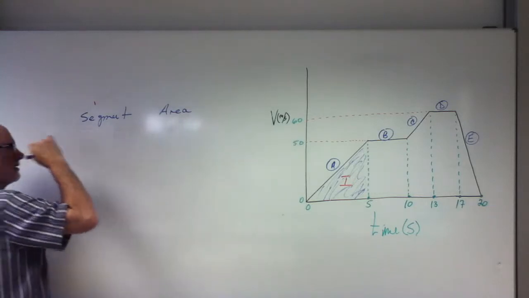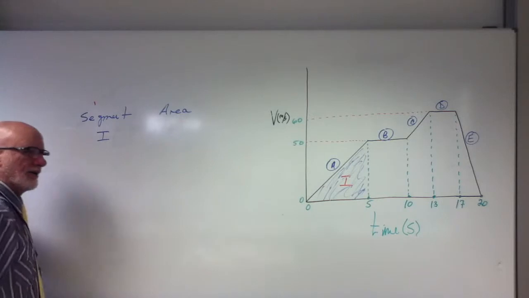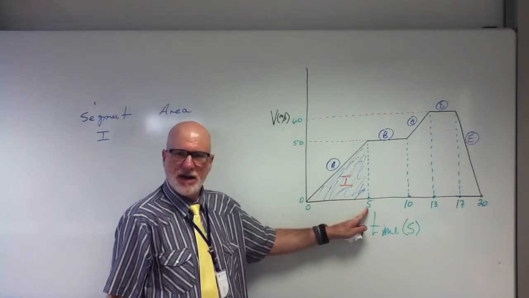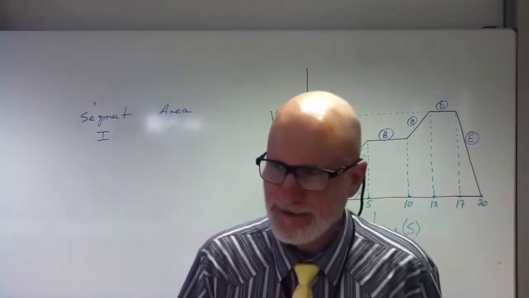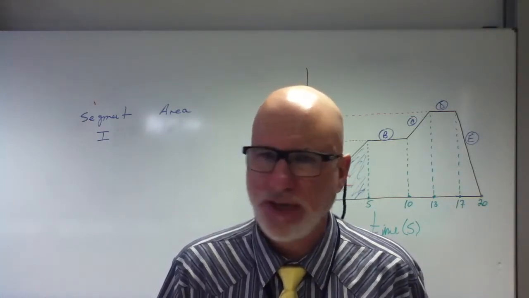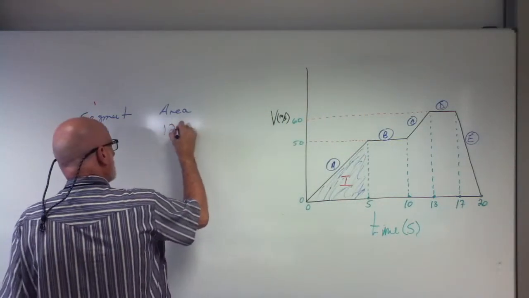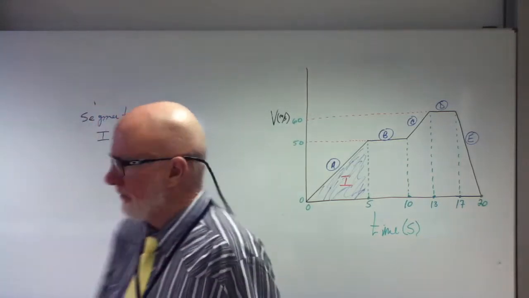So we're going to say segment 1. What's the area? 1/2 of 5 times 50. 5 times 50 is 250. Half of 250 is 125. Okay? All right, you got that?